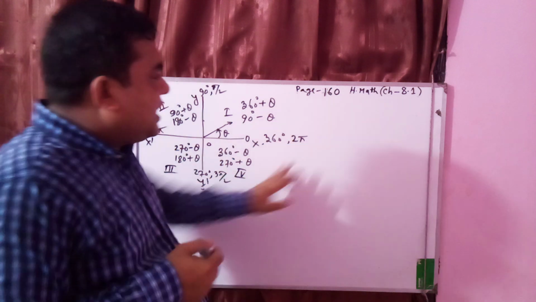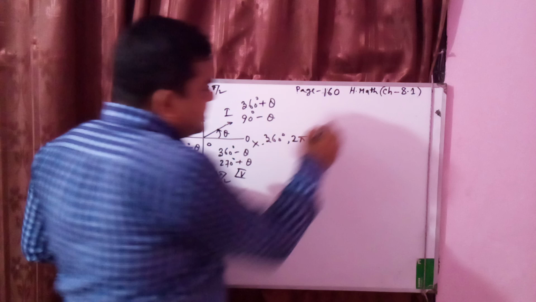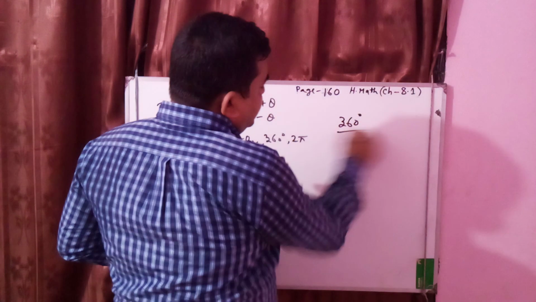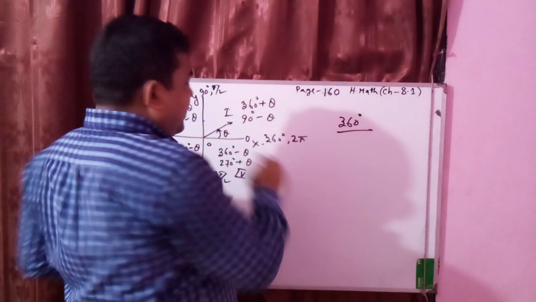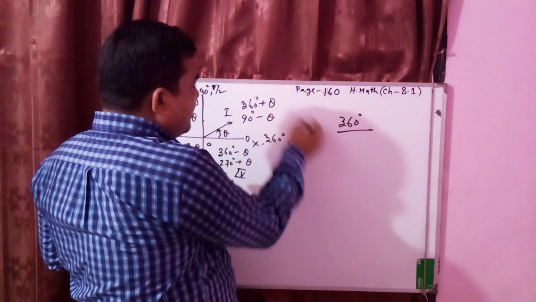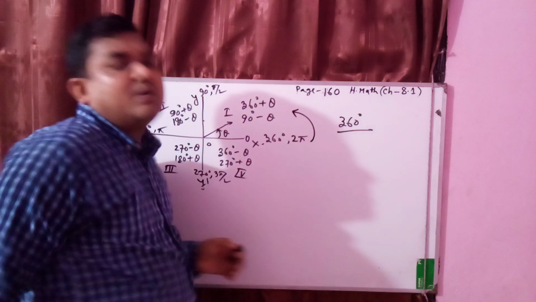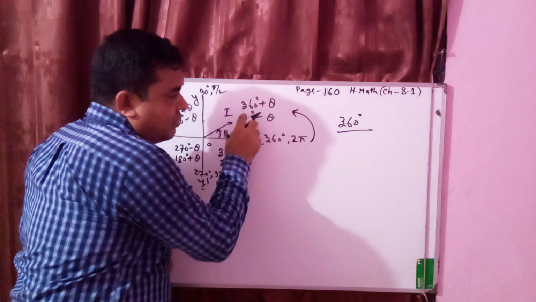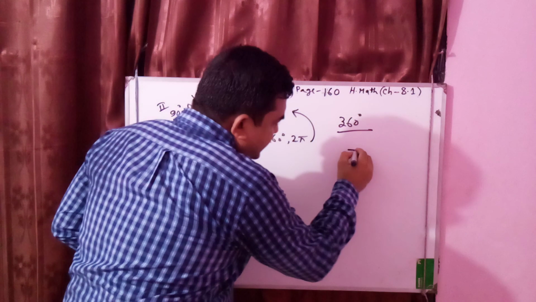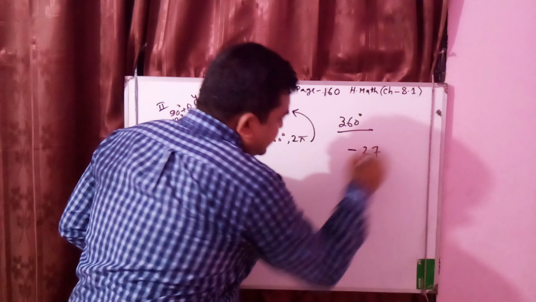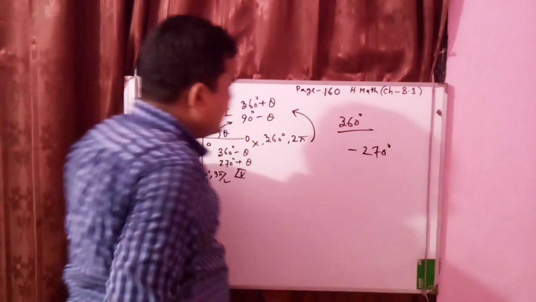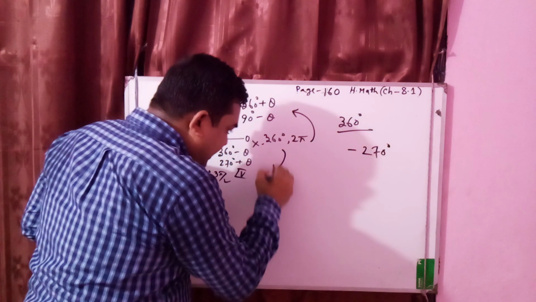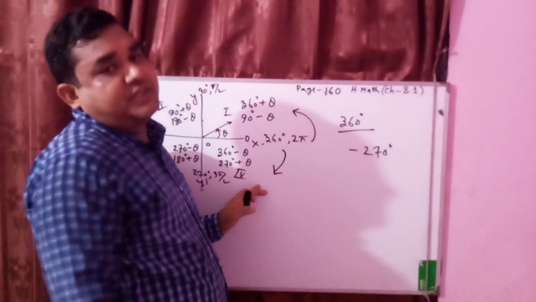Given an angle such as 360 degree, this is a positive angle. A positive angle is rotated anti-clockwise. When we get a negative angle such as minus 270 degree, it is rotated clockwise.